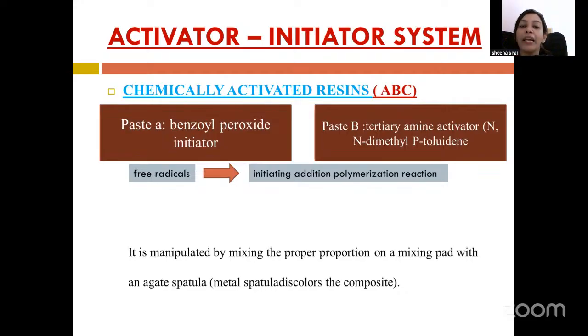So I have made a code: A, B, C. C is the chemically activated system. A means amines, B means benzoyl peroxide. At least you can memorize some of the activators this way.